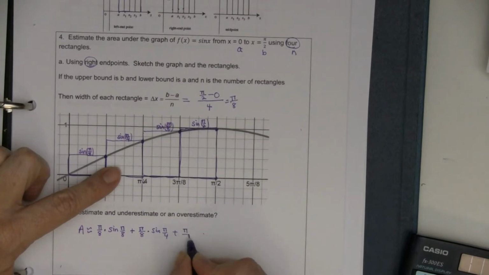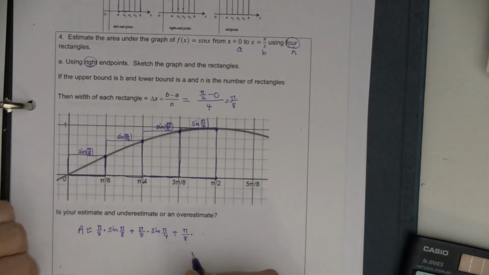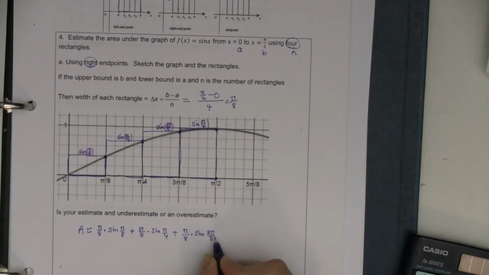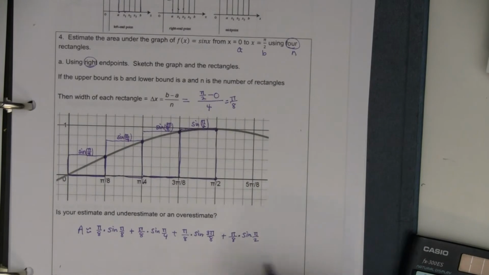And again, if you had different widths, then you would have different numbers, but you have pi over 8 on all of them because they're all the same width. And so this is sine of, what is that, 3 pi over 8? And plus pi over 8 times sine of pi over 2. So this is approximately the area under that curve.